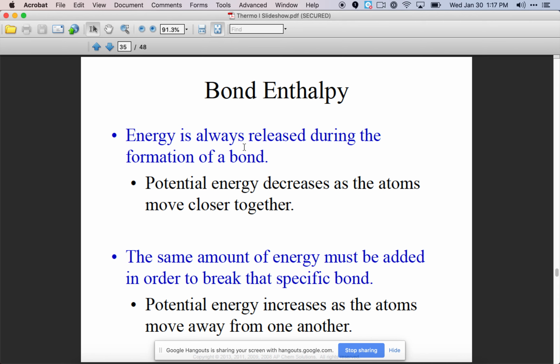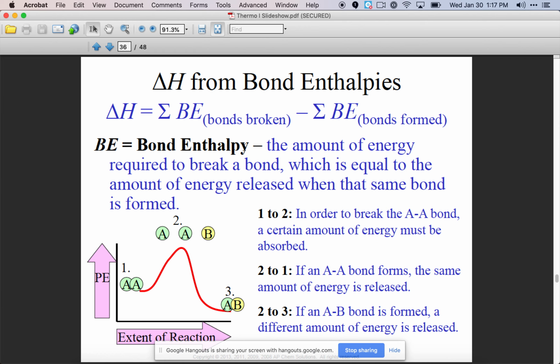I would make sure that you know this equation here. This is not going to be on your cheat sheet that I give you. Delta H for bond enthalpy is the summation of bonds broken minus the summation of bonds formed. You probably will have to do some calculations with this.